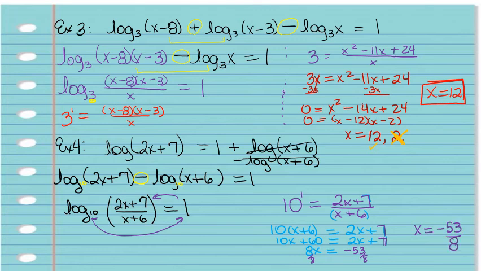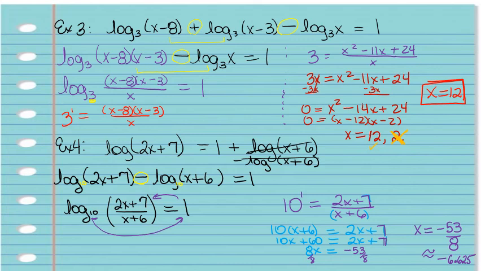Okay, we have to check it. Negative 53 over 8 is, I'm going to use my calculator. Said I wasn't going to use it, but I'm going to use it. Negative 6.625. And that's not actually approximate, that's actually what it is.